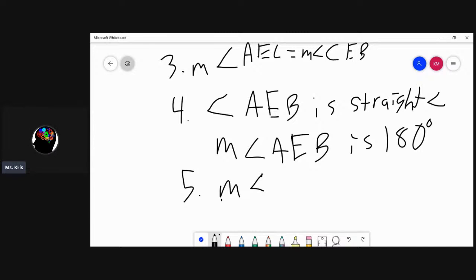So remember, if two angles are added to each other, they are part of the angle addition postulate.